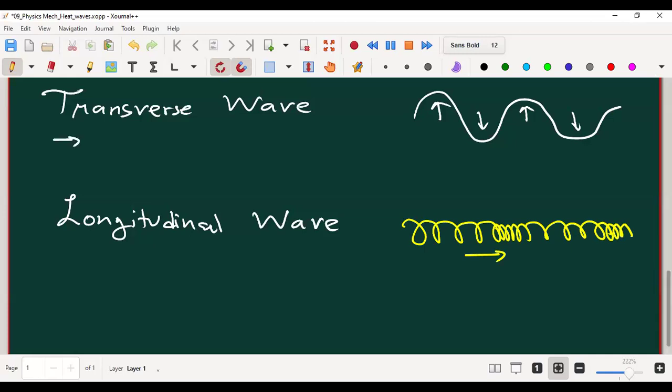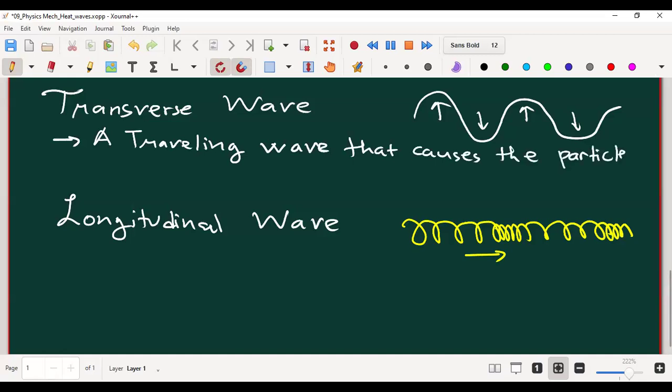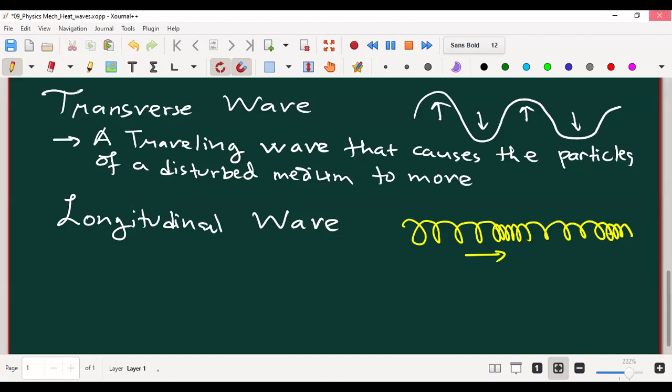So for the transversal or transverse wave, the definition is a traveling wave that causes the particles of a disturbed medium to move perpendicular to the wave motion.